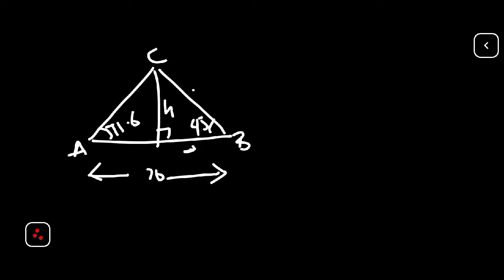You can use opposite over hypotenuse or opposite over adjacent. But we do not have any of the values here or here. We still cannot find the height using 71.6 degrees because we do not know what is here and what is here.